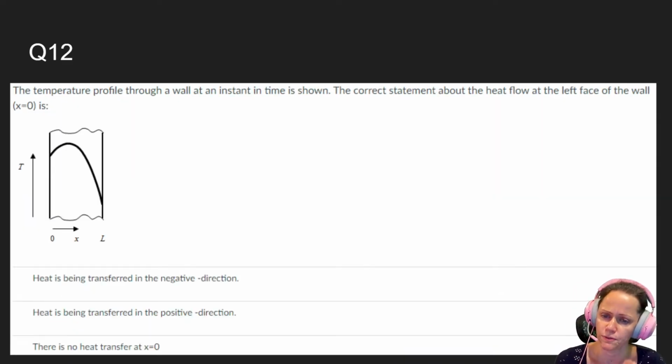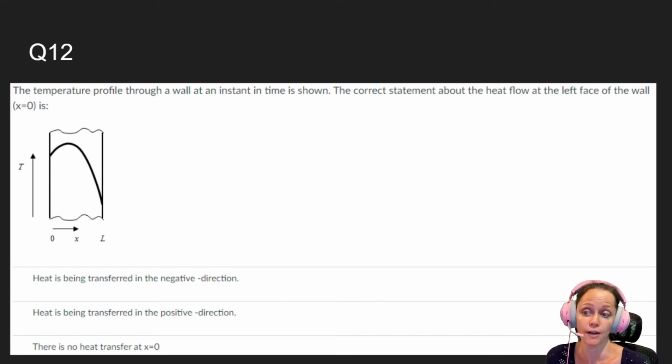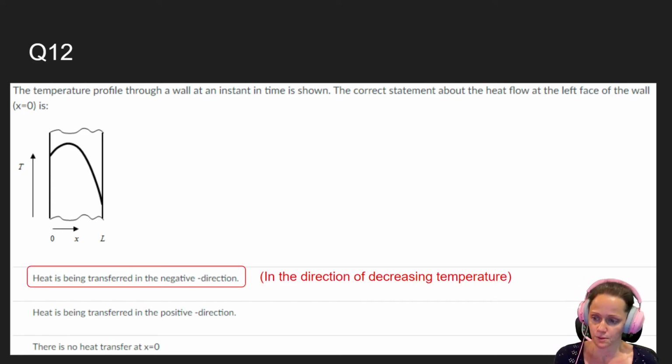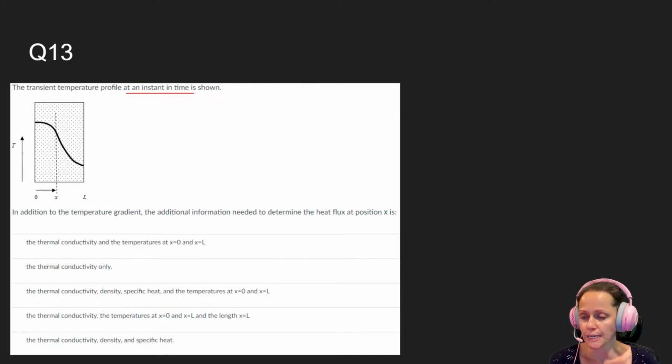Question 12. Temperature profile through a wall at an instant in time. So maybe this is a non-steady state problem, but we have a snapshot in time. The correct statement about the heat flow at the left face of the wall at x equals 0 is going to be the first one, because Q is going in the negative direction, in the direction of decreasing temperature. The transient temperature profile at an instant in time is shown.